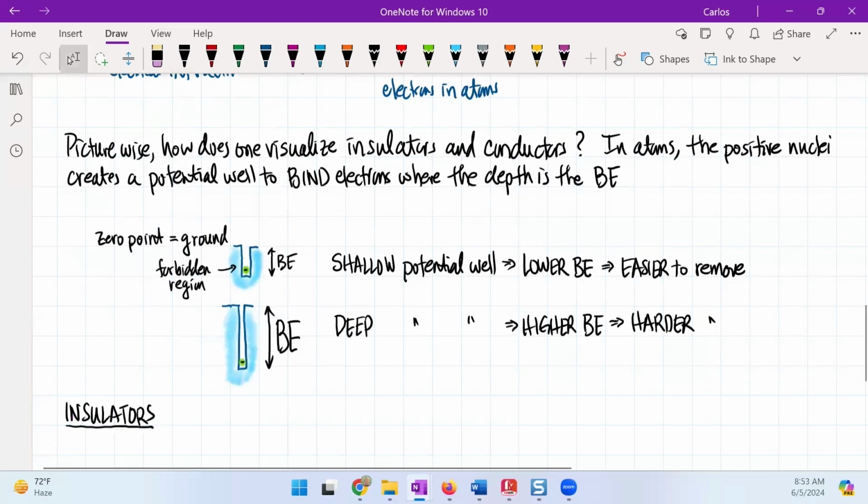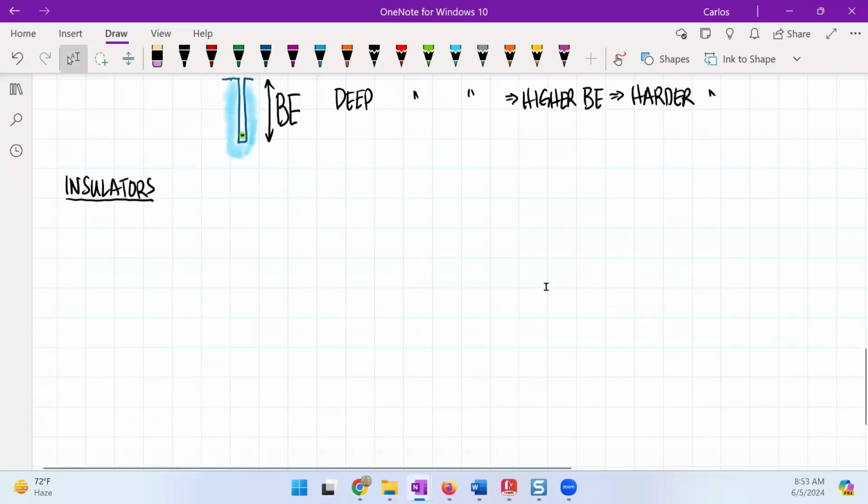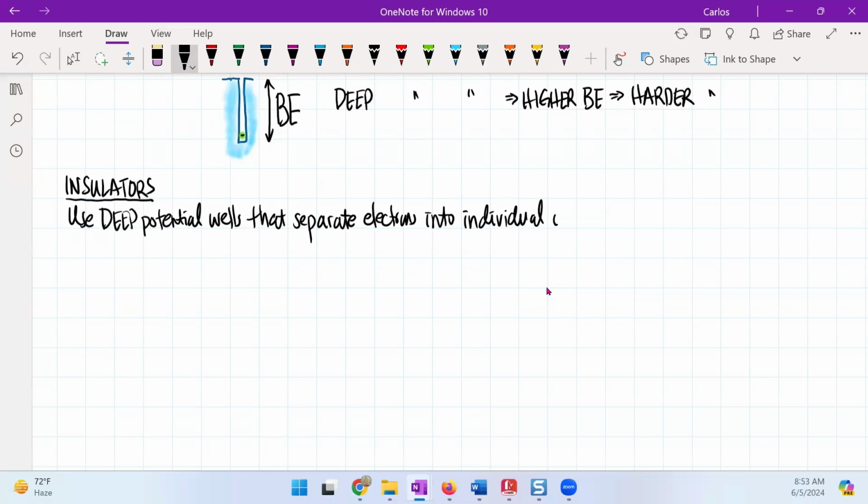The way we represent insulators here is that we use deep potential wells that separate electrons into individual wells.